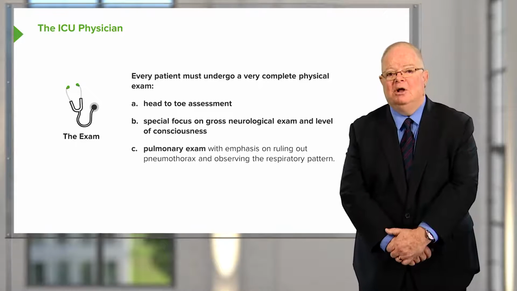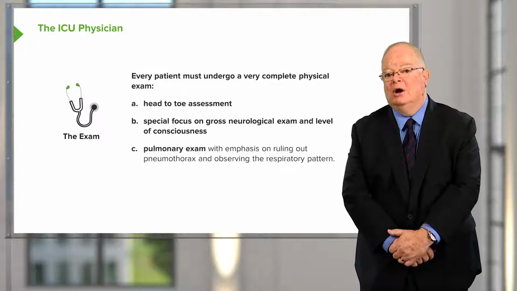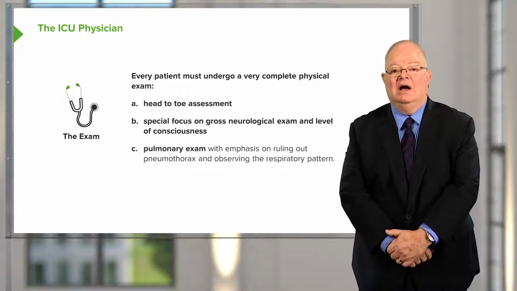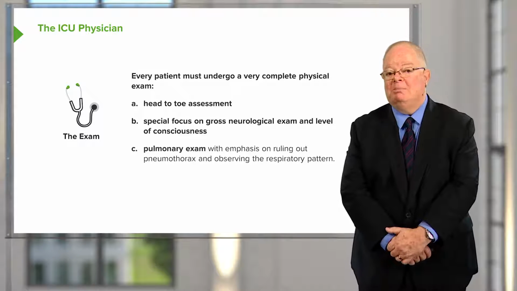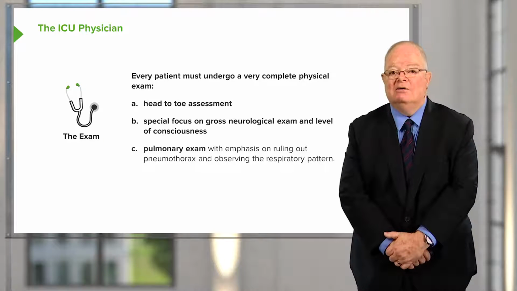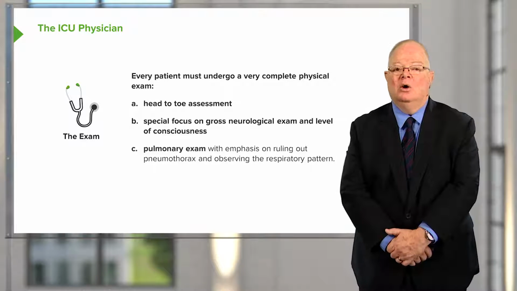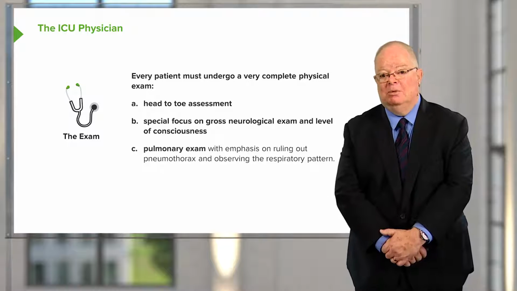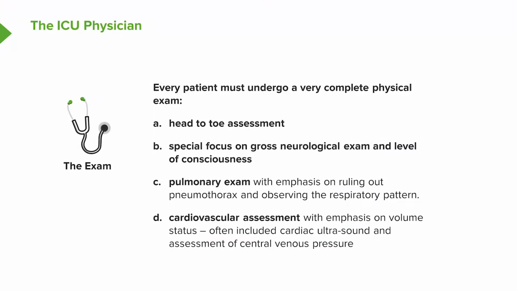There's obviously a pulmonary exam with emphasis on ruling out pneumothorax and observing the respiratory pattern of breathing, determining whether the patient may have pneumonia or some other major problem with ventilation. There's a cardiovascular assessment with emphasis on the patient's volume status.